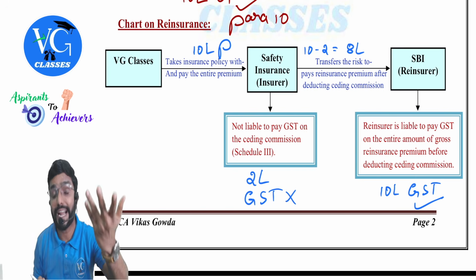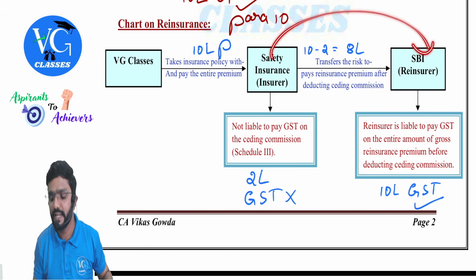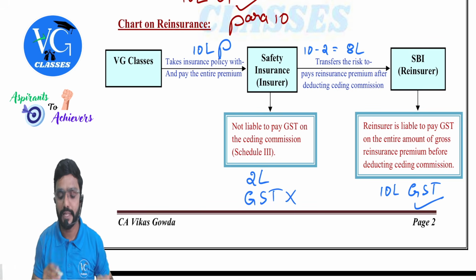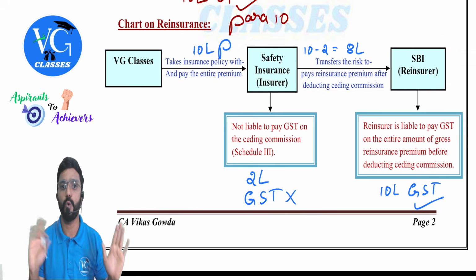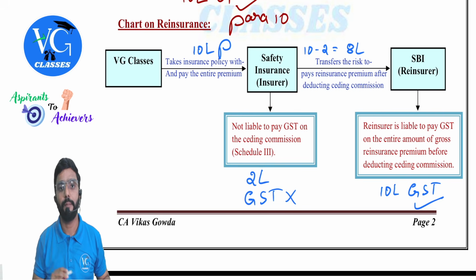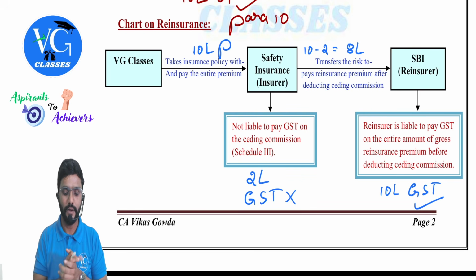Now, as he couldn't accept the complete risk, he's reinsuring it with the other company, who is called the reinsurer. So did I jointly take the policy with both of them? No, I took it solely with Safety Insurance. But as they couldn't manage the entire risk, they reinsured it with SBI, guys. Got it?